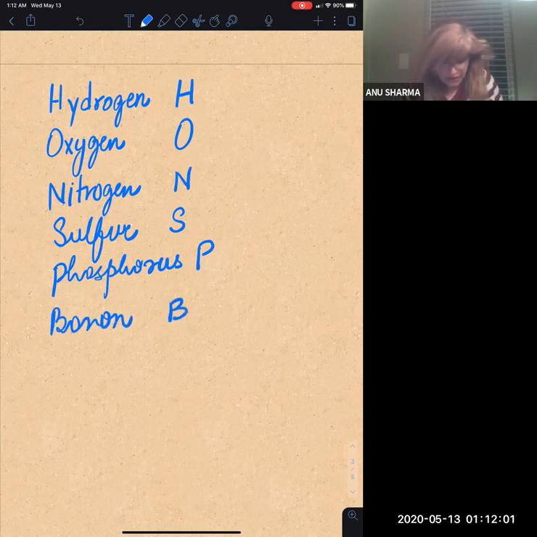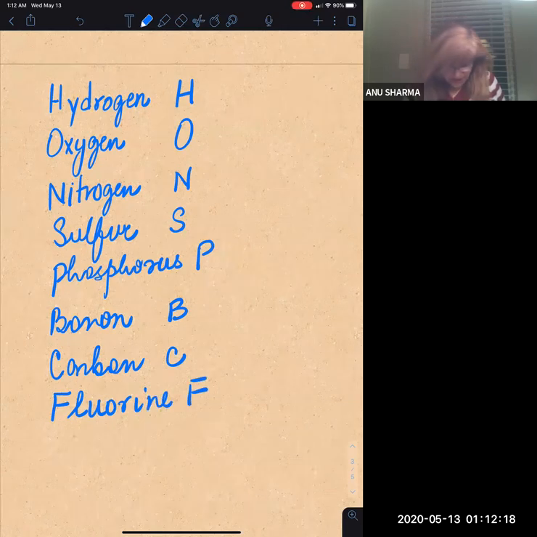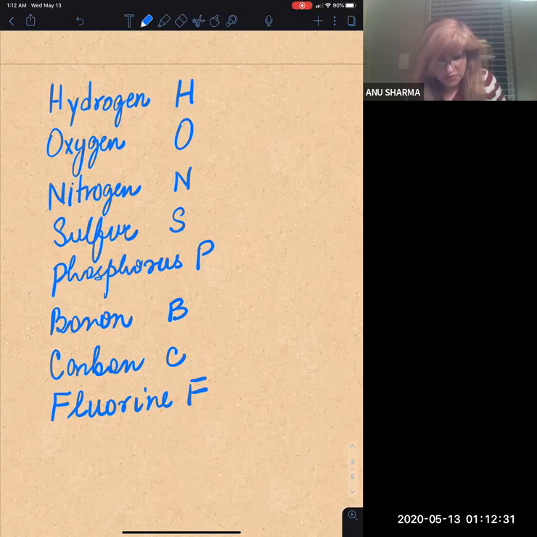Then you have carbon. Carbon is C. And you have fluorine, F. Now keep that in mind: it sounds like fluorine, Fl, but it is still just F. Then you have a few others. These are just for now.